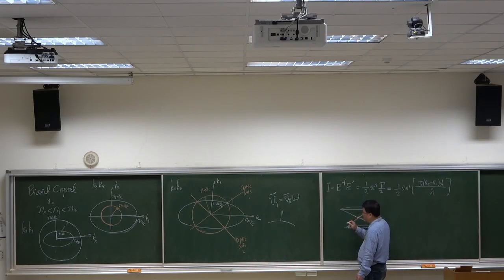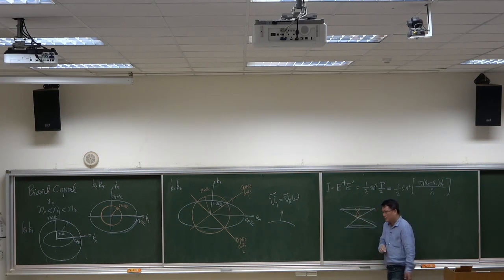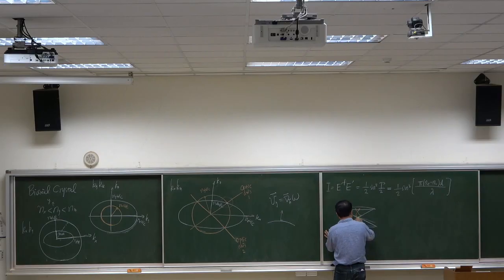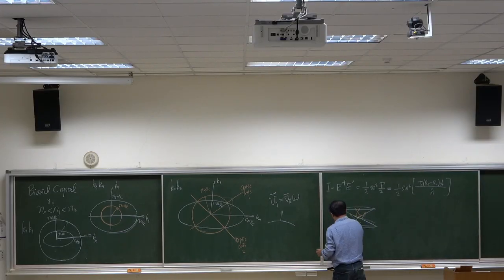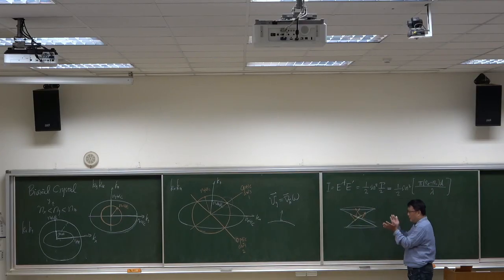If the K is located here, we have this normal vector. And if the K is located here, we have this normal vector. And here we have this normal vector. So if you collect all the possible normal vectors, then we get another cone.